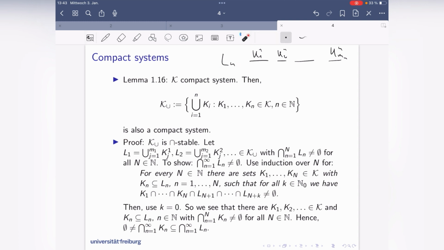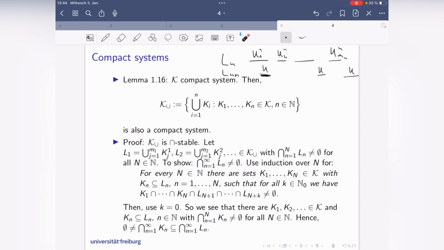So that's Ln, and the intersection of all these is not the empty set. So I have here Ln plus 1. So also some K, some other K, some other K. The intersection of this here, and so on, is not the empty set.